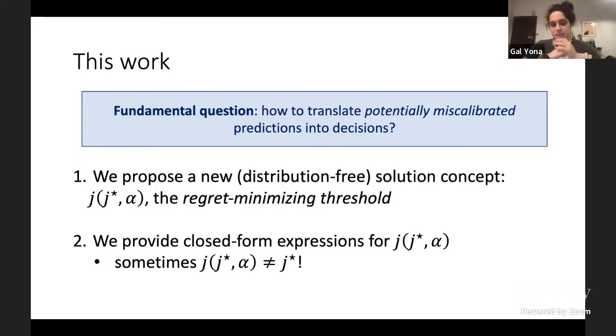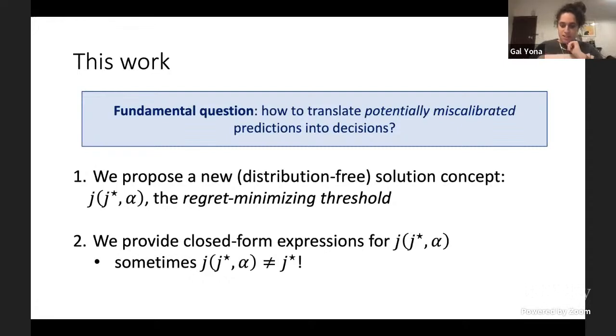We then give closed form expressions for what this regret minimizing threshold looks like. The spoiler is that there are interesting cases where this is not exactly J star. So in some informal sense, you really should be taking into account errors in the way that you make predictions.